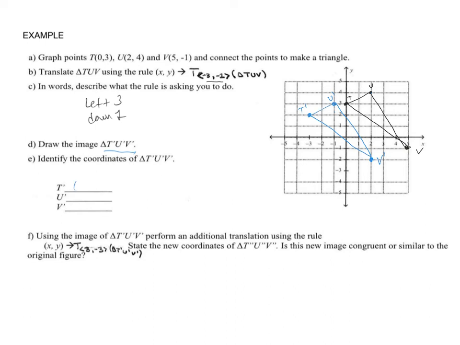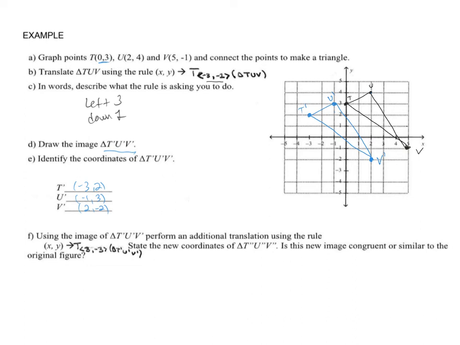So T prime is at -3, 2. U prime is at -1, 3. Right, and you can check, 0, 3. If you subtract 3, you get -3. 3 minus 1 is 2. So we did these correctly. And then V prime is at 2, -2.